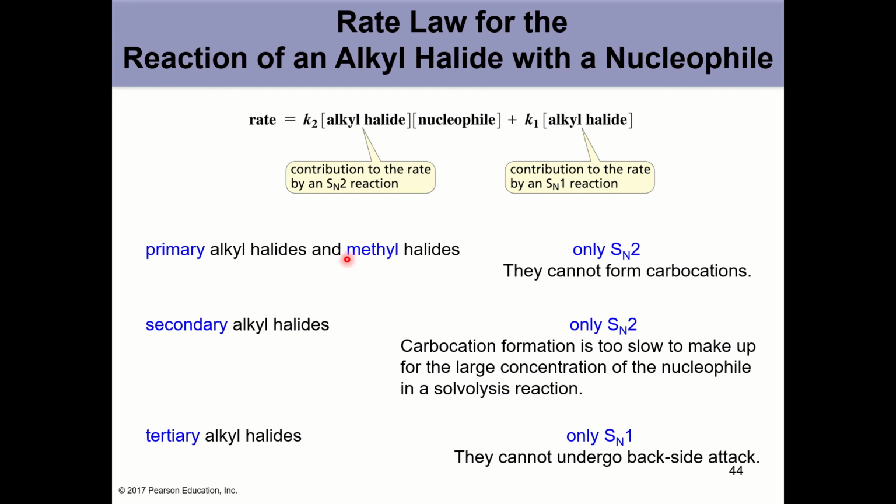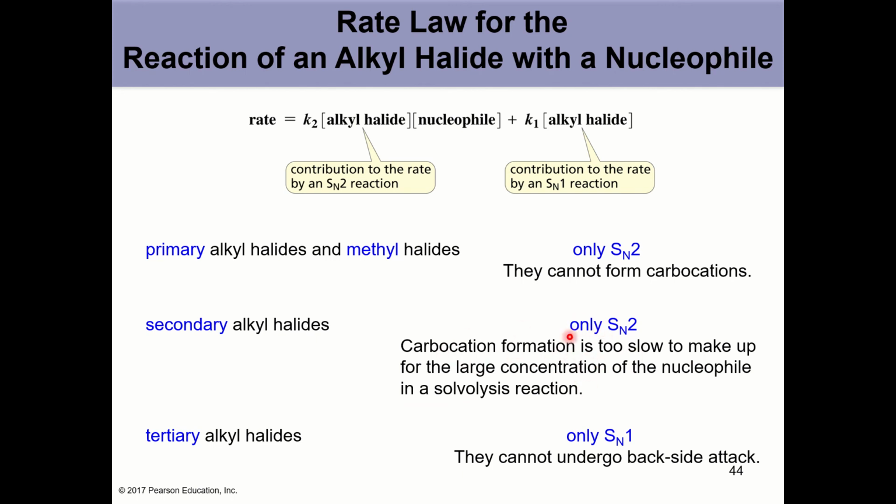Primary alkyl halides and methyl halides cannot form carbocations, so they only occur in SN2. Secondary alkyl halides: carbocation formation is usually too slow to make up for the large concentration of the nucleophile in a solvolysis reaction, but some of the product will be a result of carbocation formation.